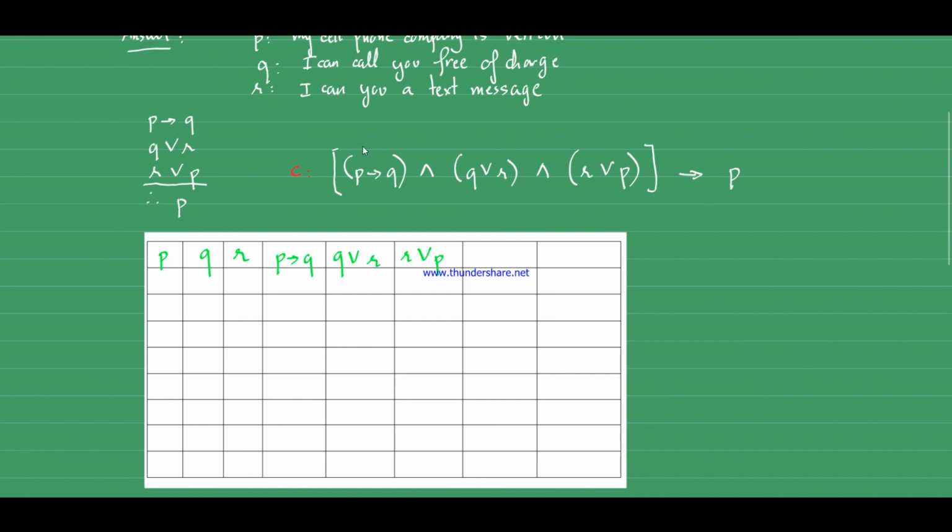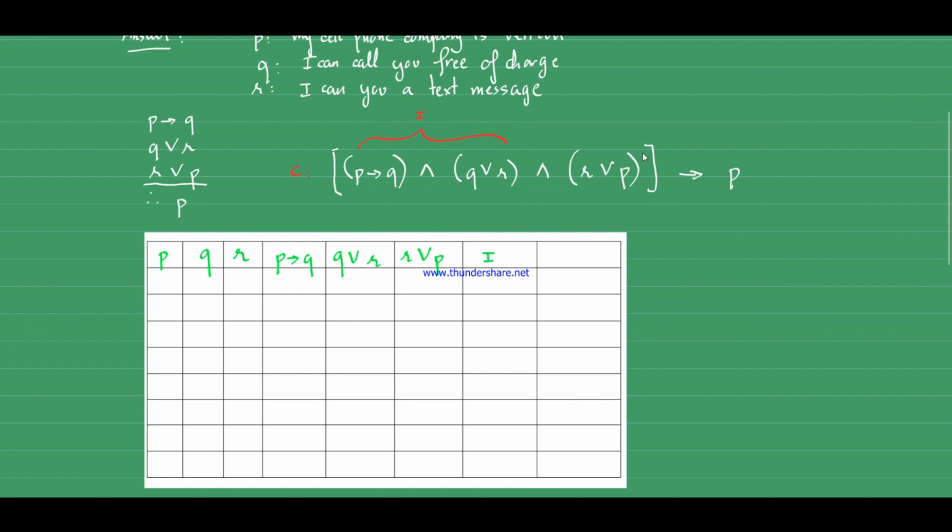I'm going to call this group, this conjunction, this intersection, I. So I'm going to have I here.